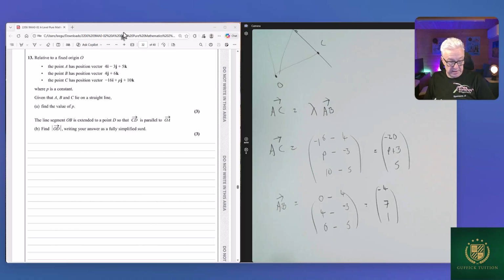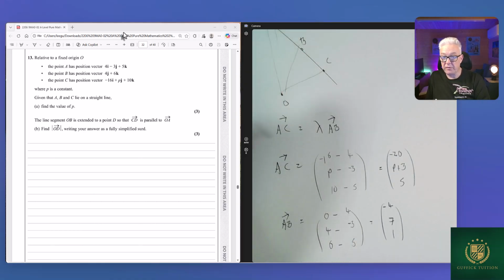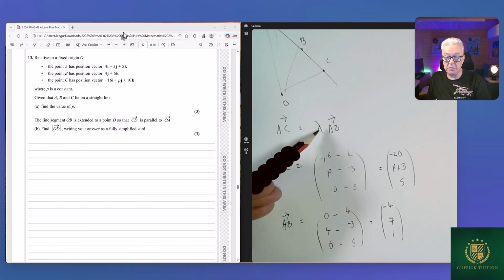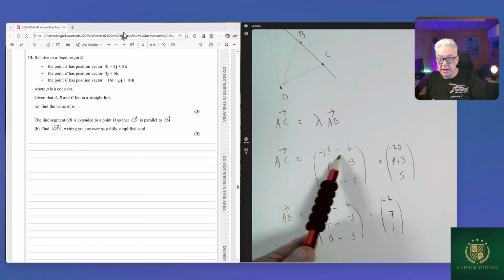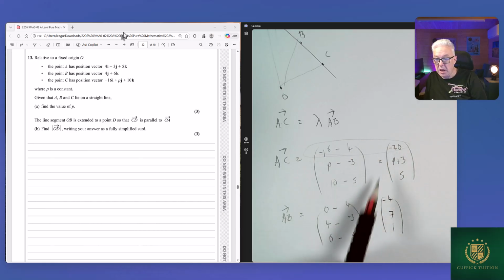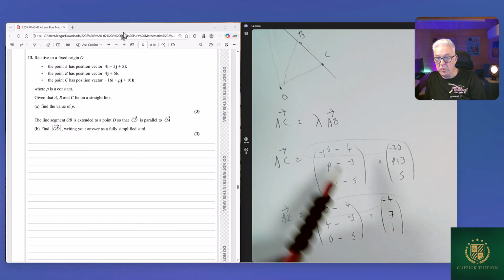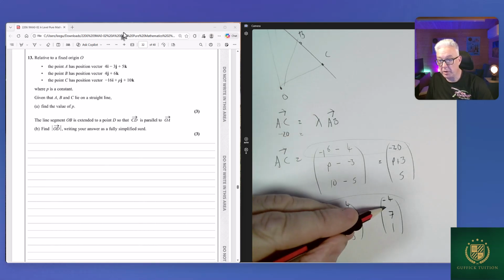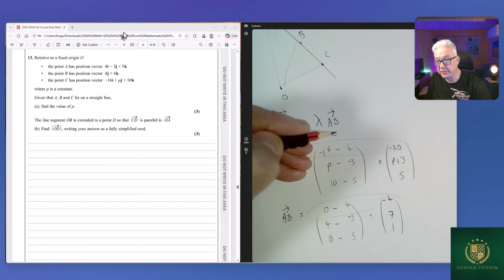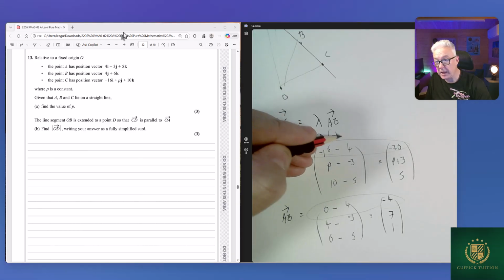So remember we've said that to go from A to C is some multiple of A to B. So let's look at a line that we can compare. In our A to C, we have minus 20, and in our A to B, the top line, we have minus 4, times by lambda.